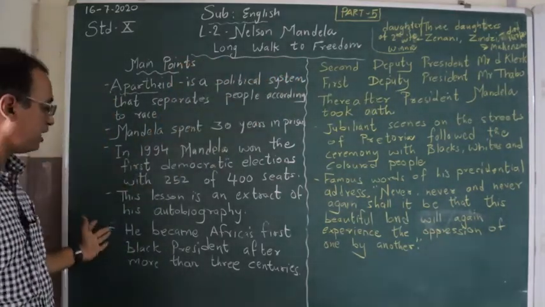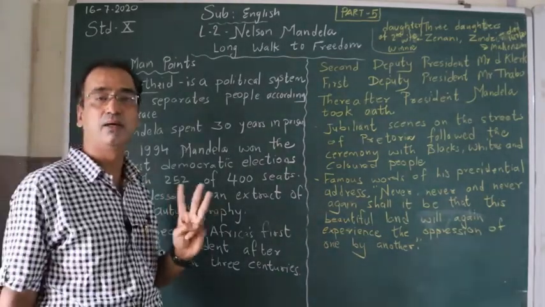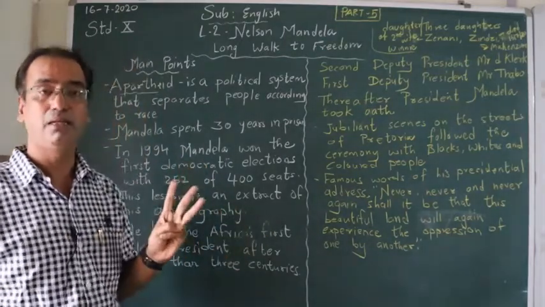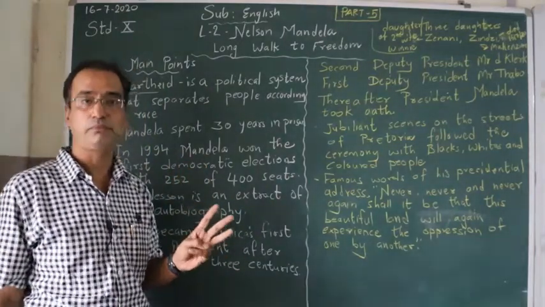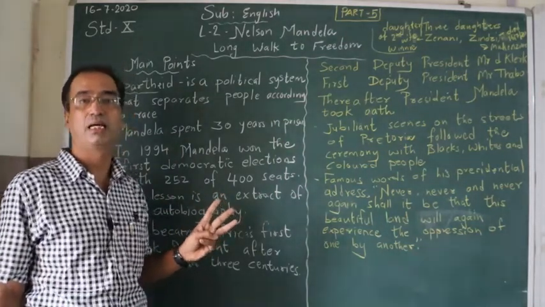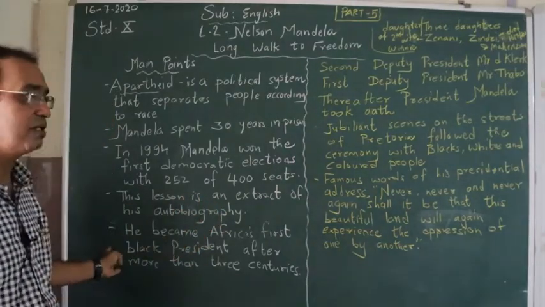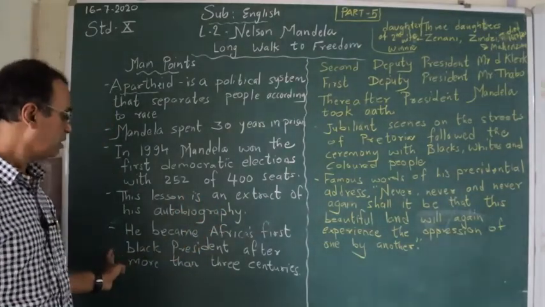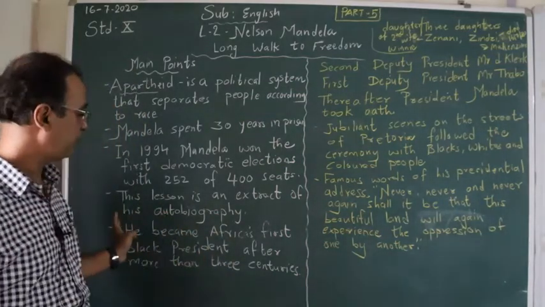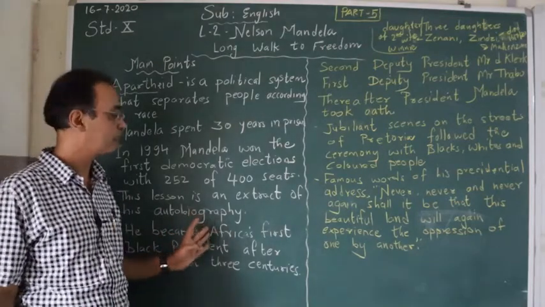He became Africa's first black president after more than 3 centuries, 300 years of Africa being a colony of the Europeans. It became free, and after those 3 centuries, a Republican president was elected for Africa.